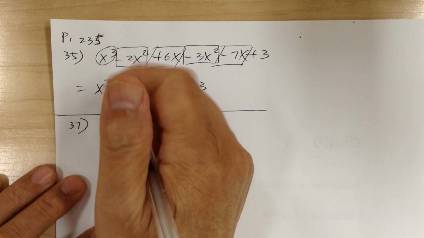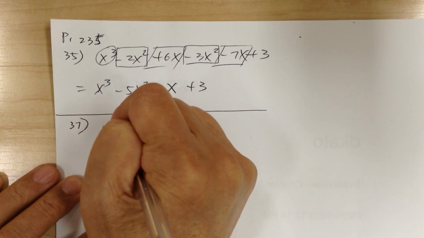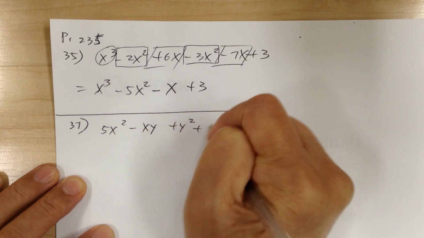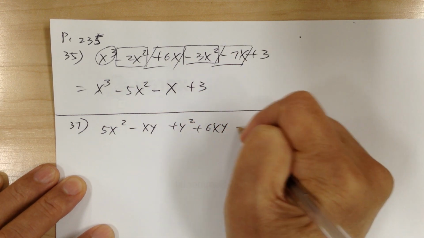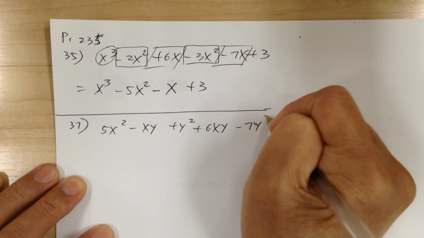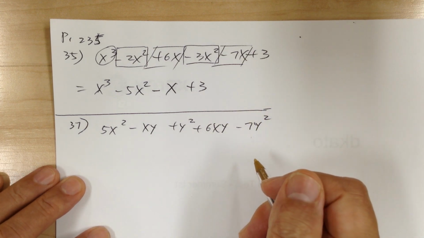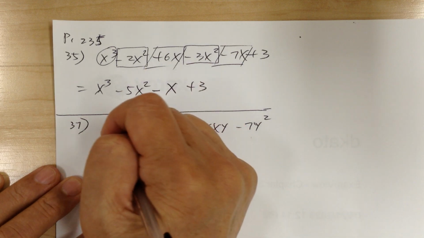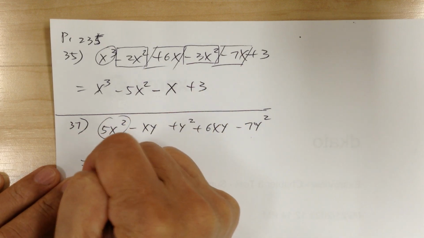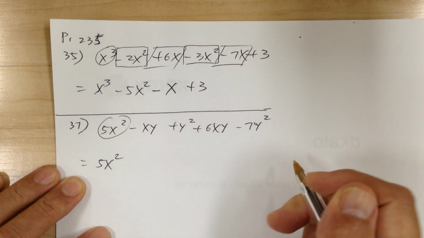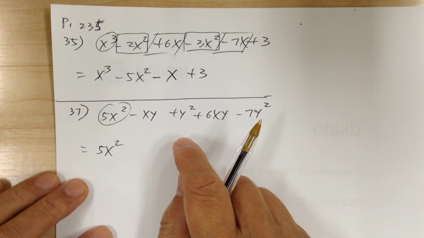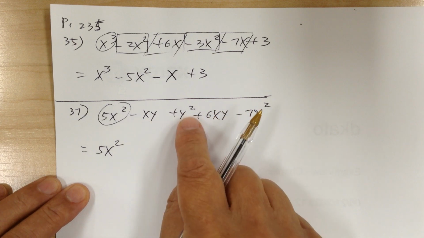Okay, 37. You have 5x squared minus xy plus y squared plus 6xy minus 7y squared. So again, let's go and do alphabetical. Okay, so I have the 5x squared, so that takes care of that. And next, I'm going to do the xy, because just think about the dictionary, right? xy comes before the y squared.